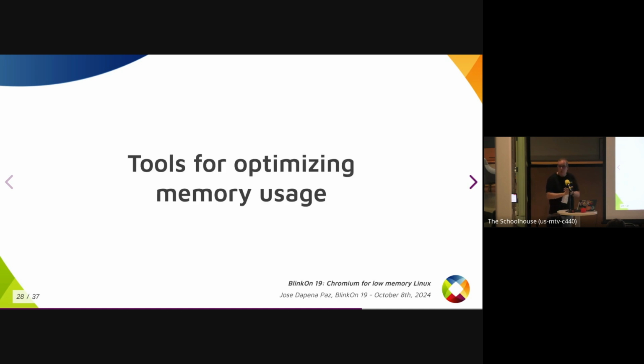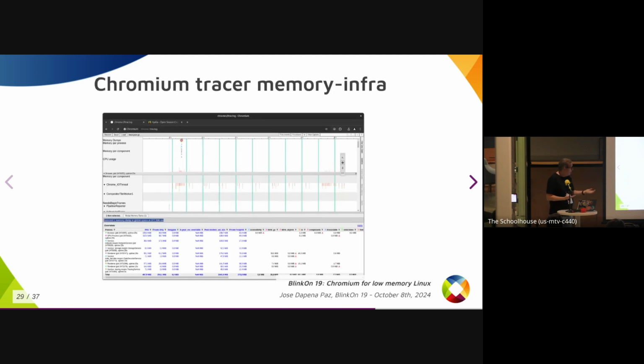Okay, and what do we have for working on the memory problem space? I think that the nicest thing or the most work thing here is memory infra. So basically, we have in the incremental tracing, we have a way to collect every few seconds, or however you tune that, we can ask the components that support this, okay, how much memory are you taking and why?